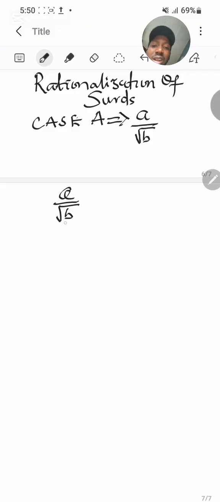To rationalize, because this root B is an irrational number, because you can't express it as a fraction of two distinct integers. So to make this irrational denominator rational, we are going to multiply both this numerator A and denominator root B by exactly the surd that is at the denominator.